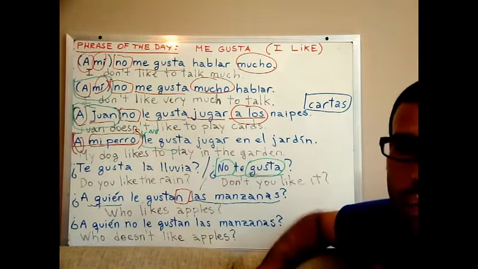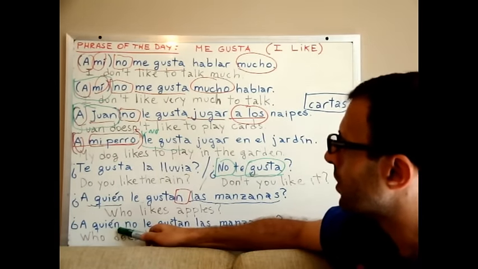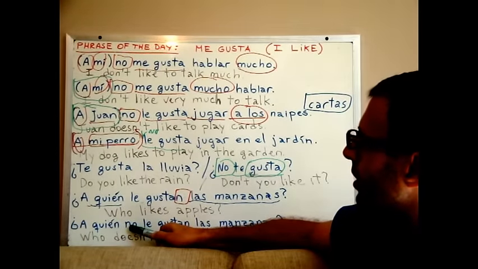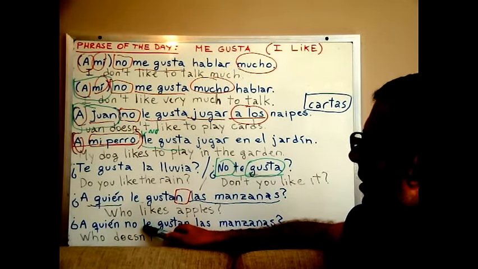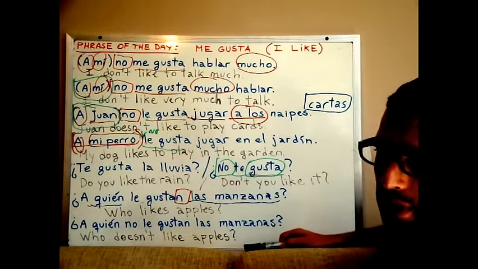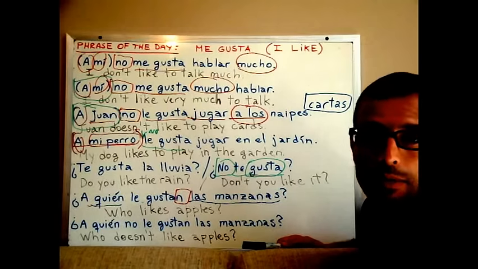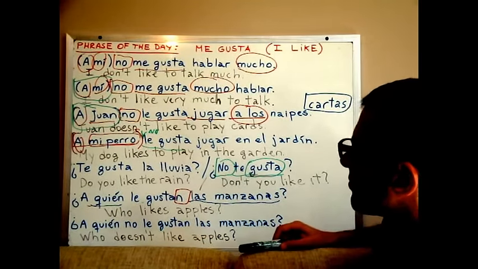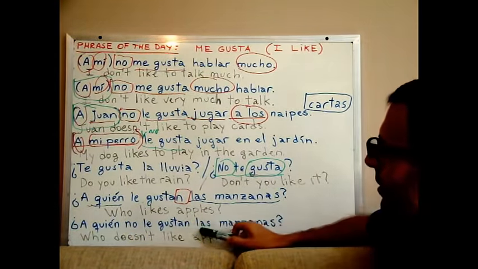So the word-by-word translation would be, to whom not them like the apples, right? Or to whom apples are not likable, right? ¿A quién no le gustan las manzanas?